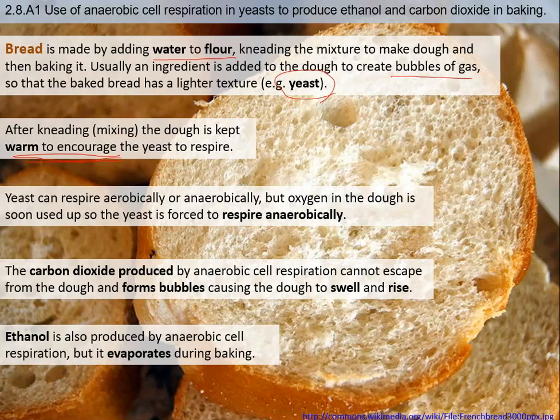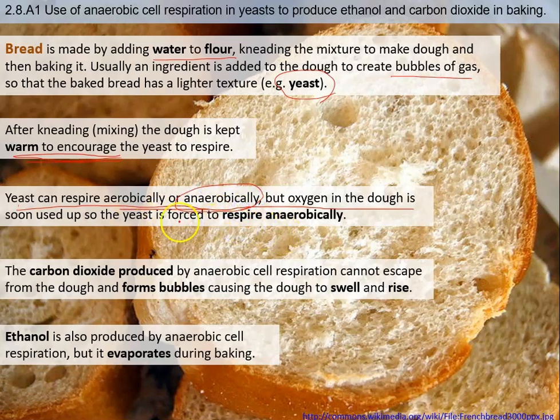And then what happens in that condition, the yeast starts to respire aerobically, but because the oxygen will be used so fast, then there is no oxygen anymore, and the yeast starts to do the anaerobic respiration.